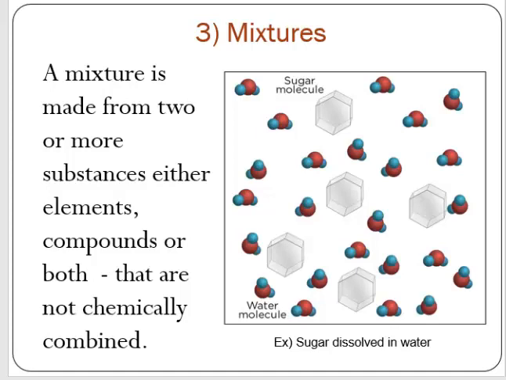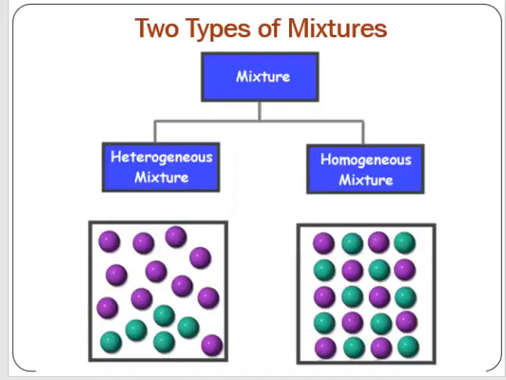If you look here, we can even subdivide mixtures even further. So there's two types of mixtures. You've got heterogeneous mixtures and homogeneous mixtures. And I think we've talked about this before, and I think you talked about this in language arts. Hetero and homo, the prefixes, homo meaning the same, hetero meaning opposite or different.